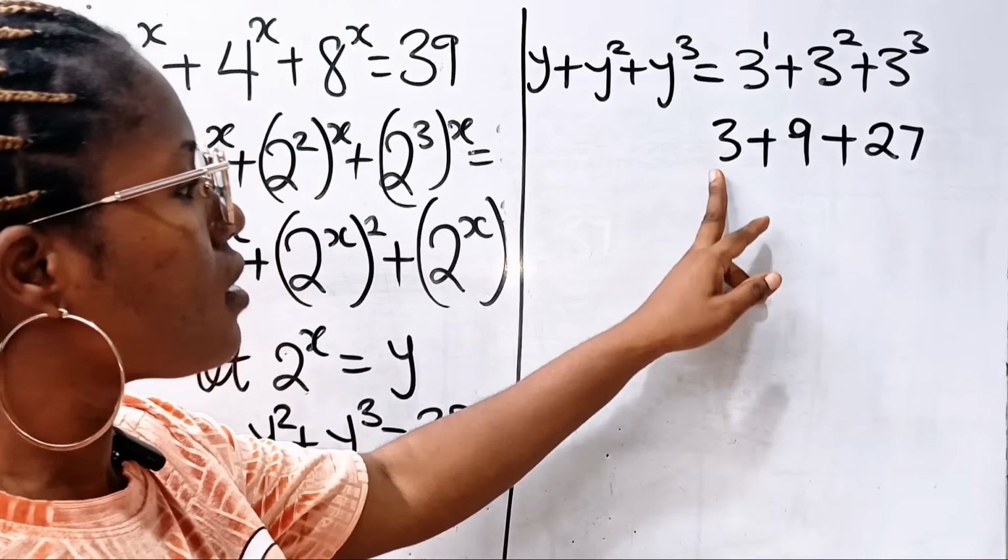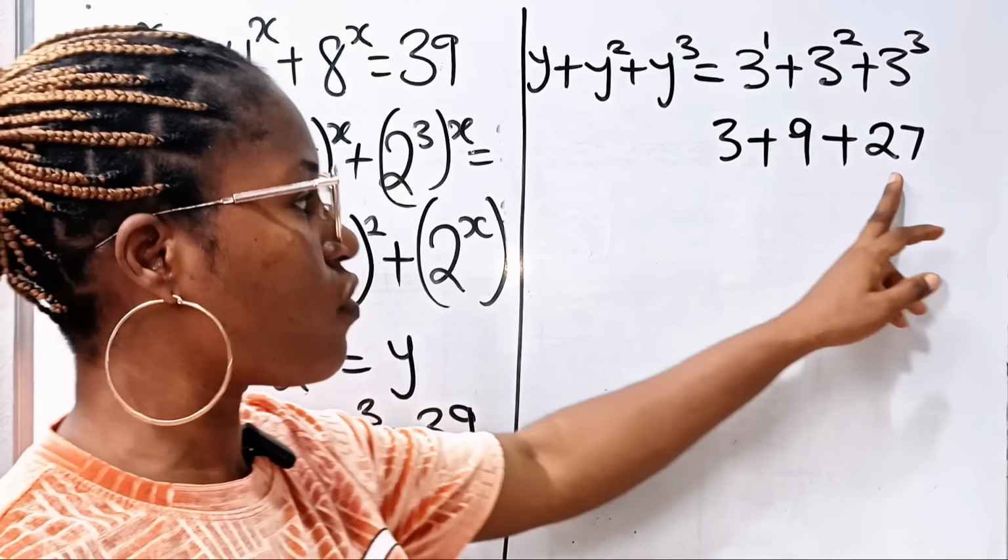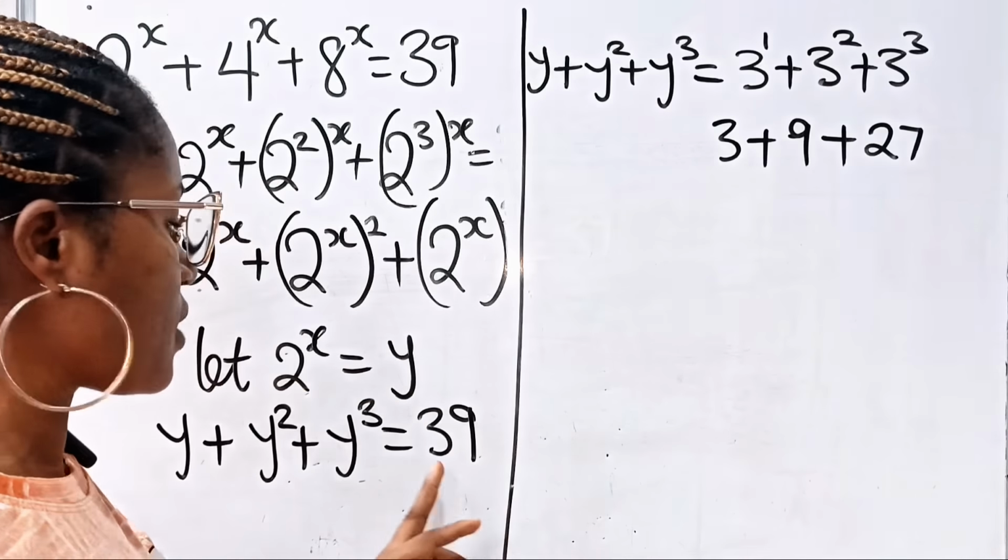So 3 plus 9 is 12, and 12 plus 27 is 39. So that is it.